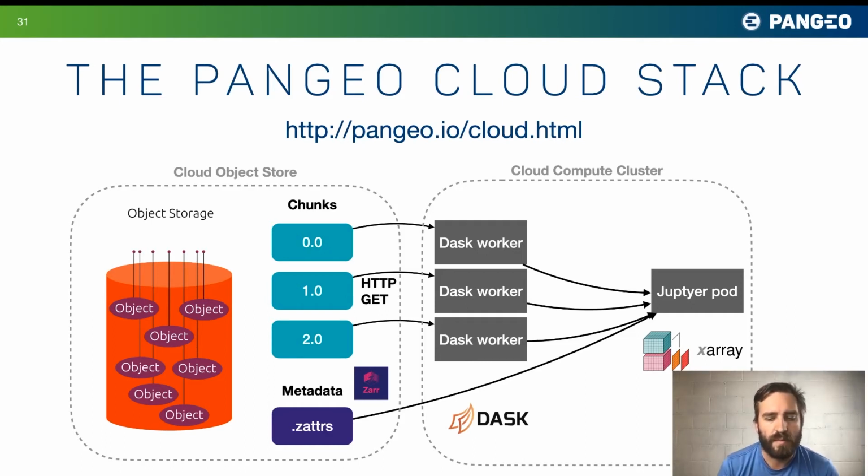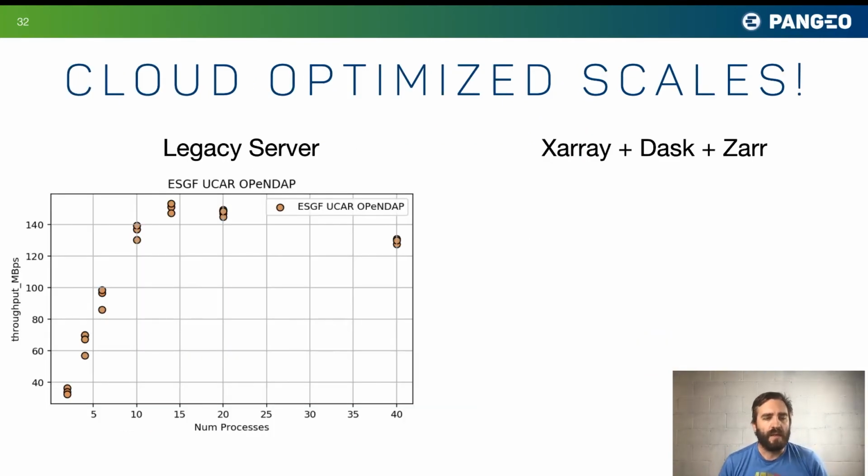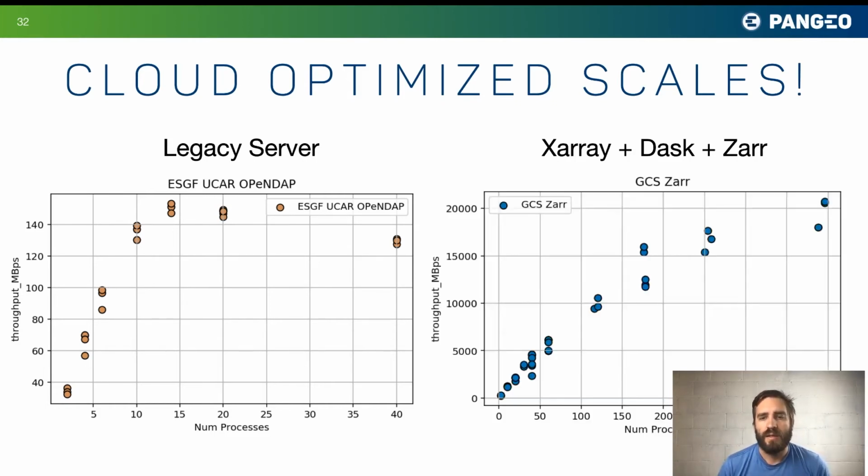So this may be starting to look a little complicated, but what does it really mean? Well, we benchmarked the throughput we can get analyzing data and compared a legacy format and data distribution method using the OpenDAP protocol with the Xarray Dask Zarr stack. And what you're looking at is the throughput data processing rate in megabytes per second as a function of the number of parallel processes.